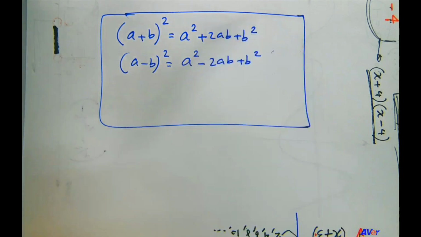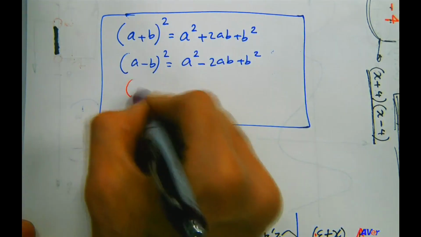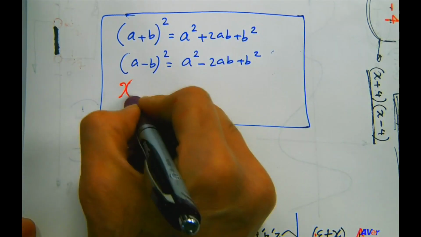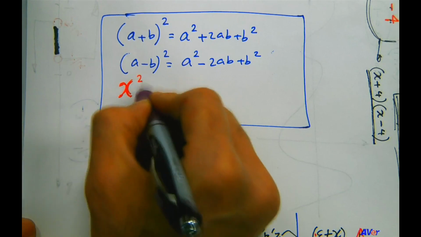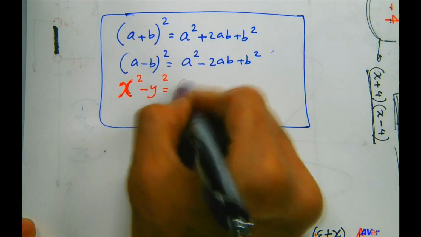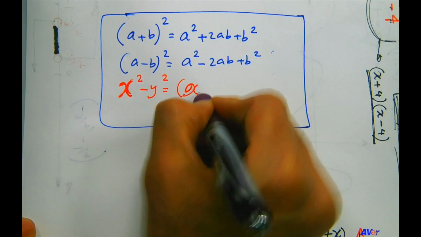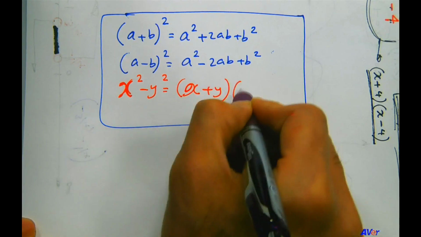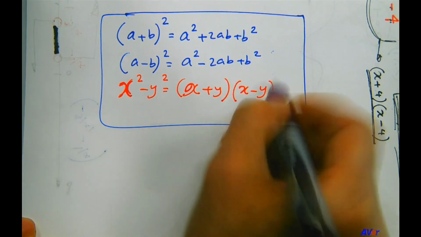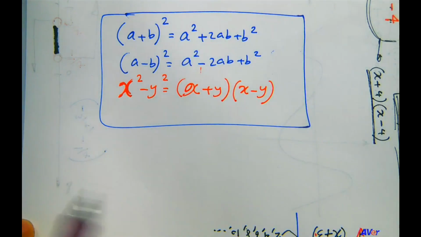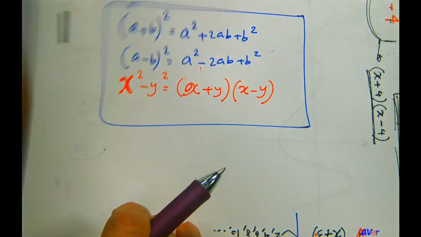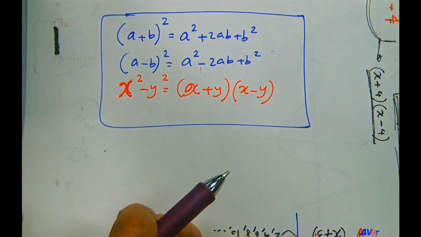And of course, the one that we're applying here: if you have x squared minus y squared, that gets factored into (x plus y) times (x minus y). These 3 are very useful special product formulas. All right?